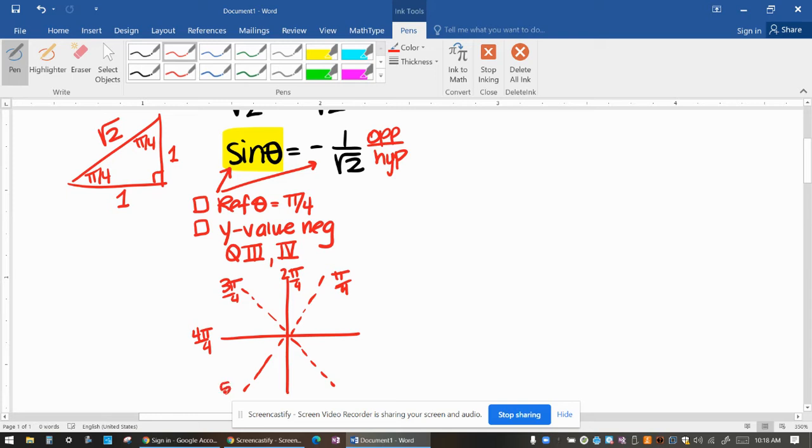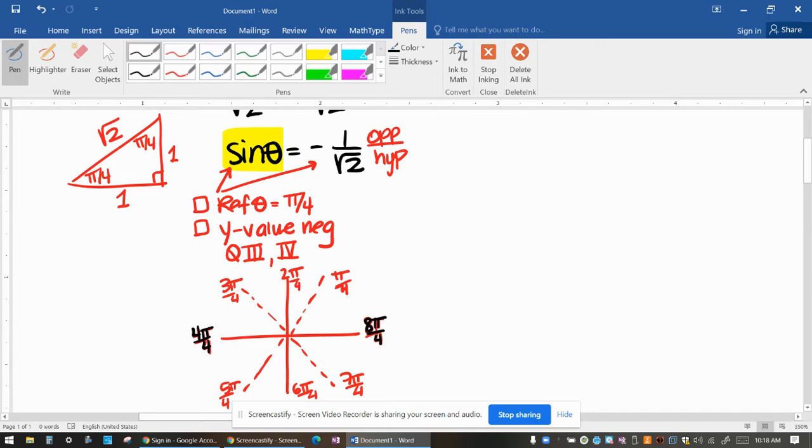So remember, we're focusing only on positive angles here. Now, some of you have realized that you don't have to draw out and label each of these individual angles. Some of you only need 4 pi over 4 and 8 pi over 4 to figure out what these answers are going to be.